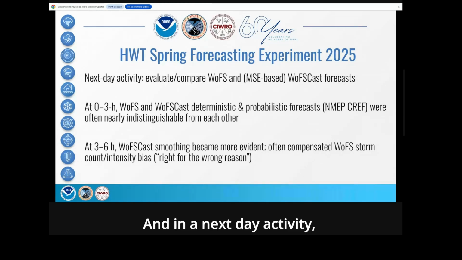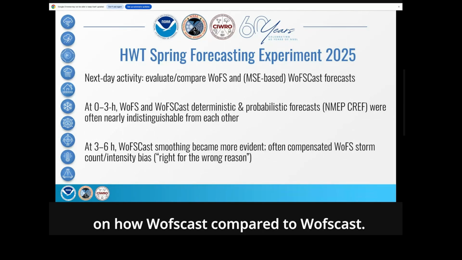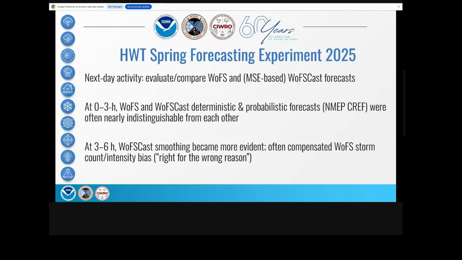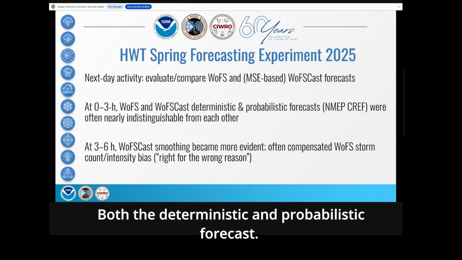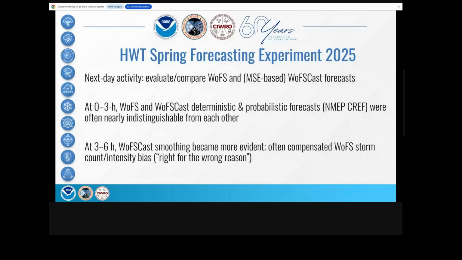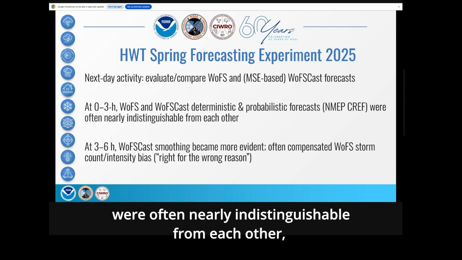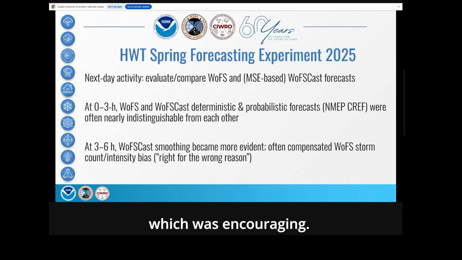And in a next day activity, we have participants score and provide their comments on how WoFSCast compared to WoFS, both deterministic and probabilistic forecasts. And so the two main takeaways: first, at 0 to 3 hours, participants thought the WoFS and WoFSCast deterministic and probabilistic forecasts were often nearly indistinguishable from each other, which was encouraging.